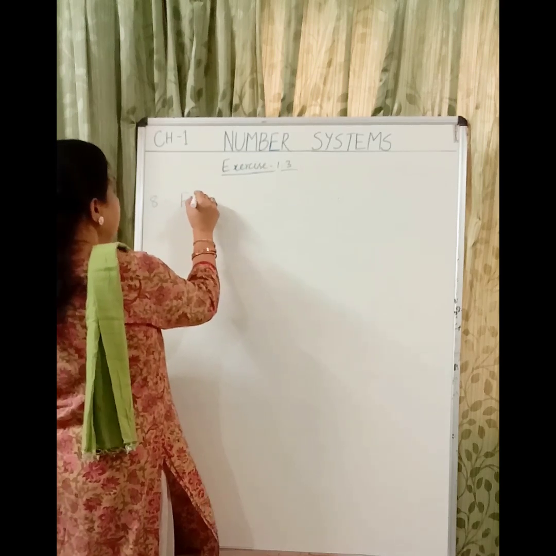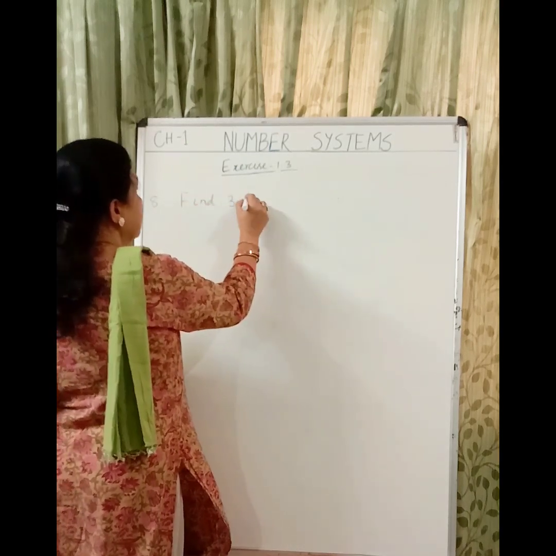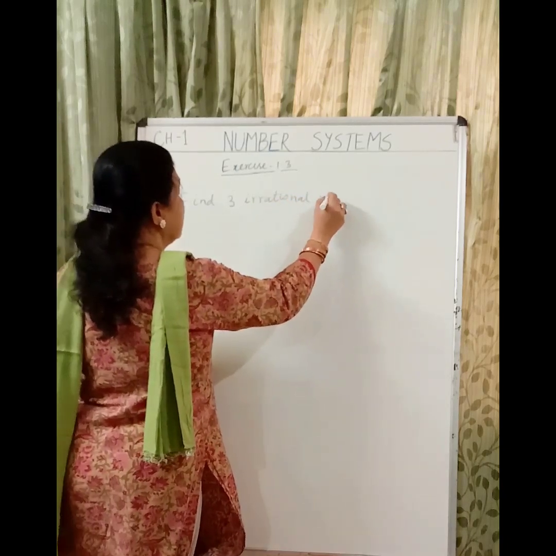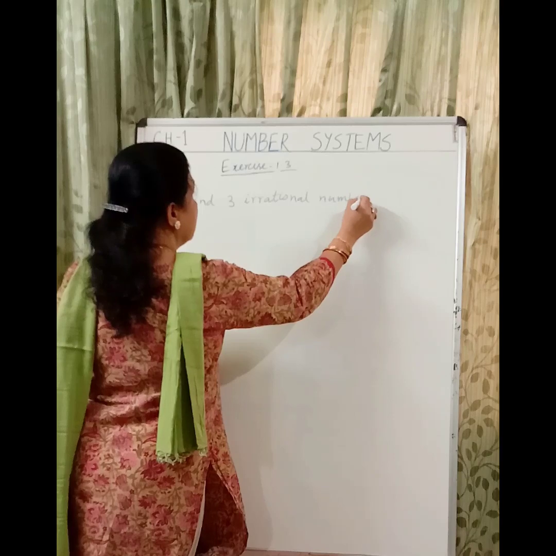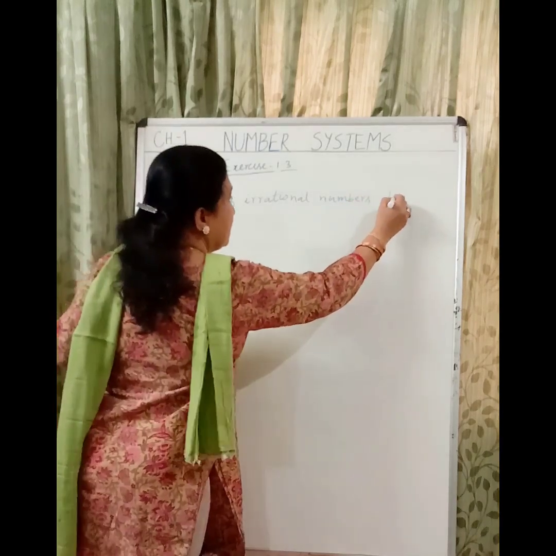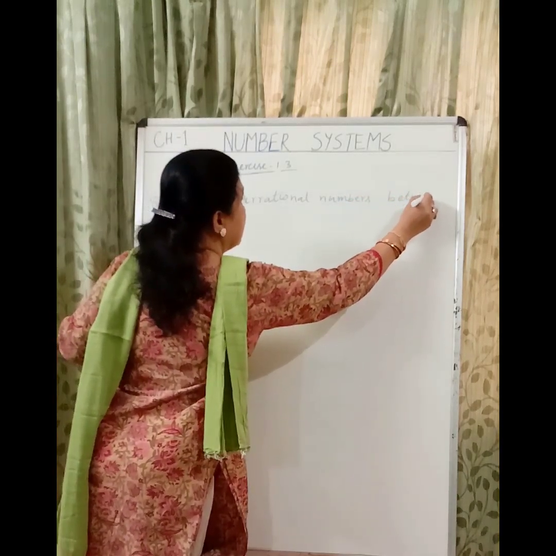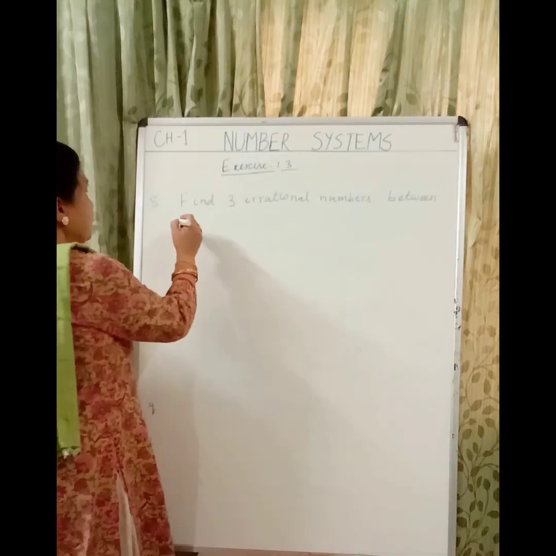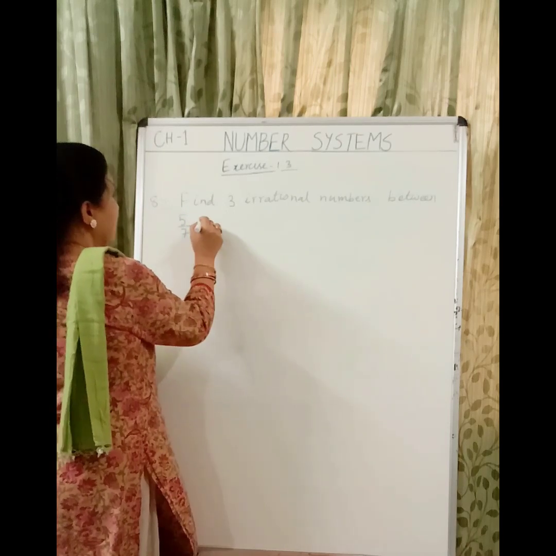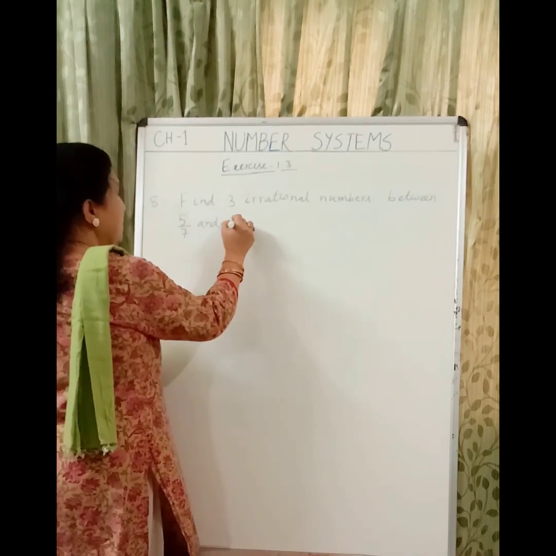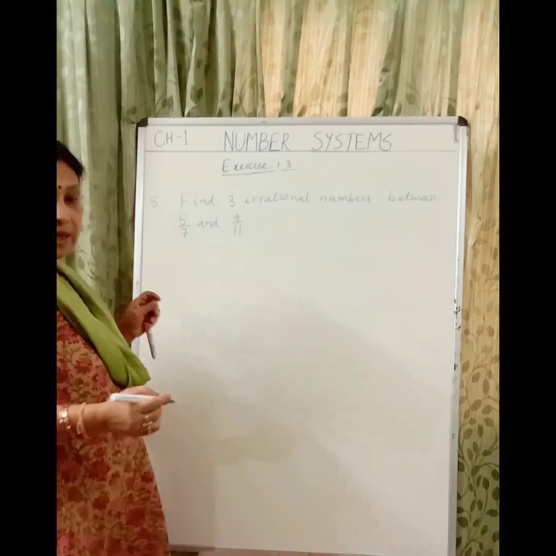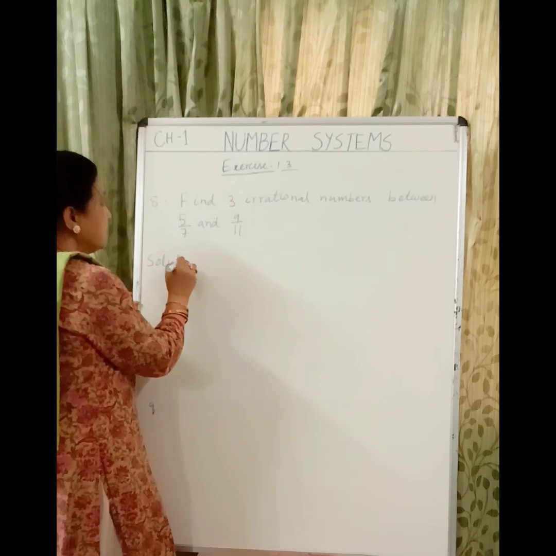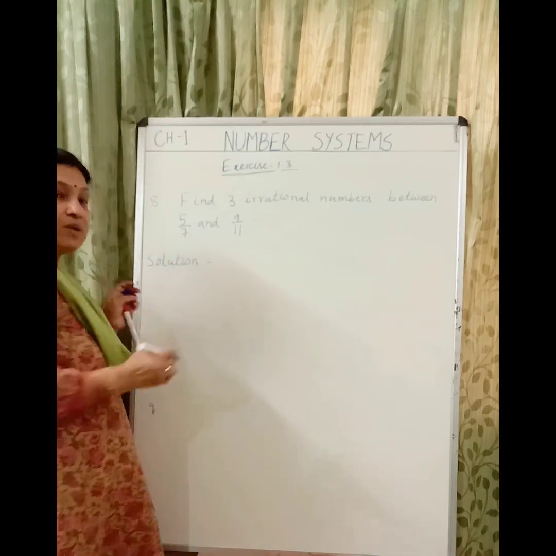We have to find 3 irrational numbers between 5/7 and 9/11. How to attempt this question?